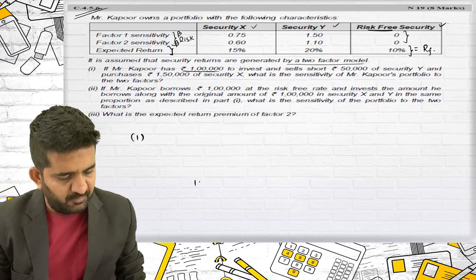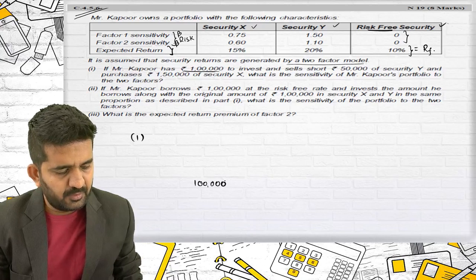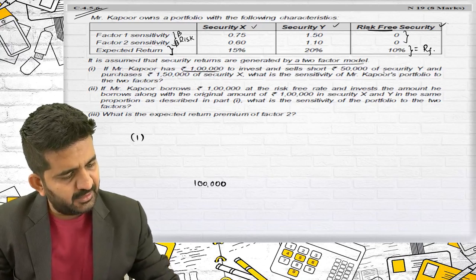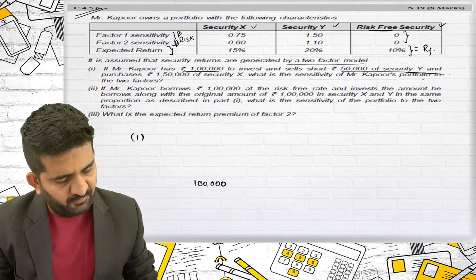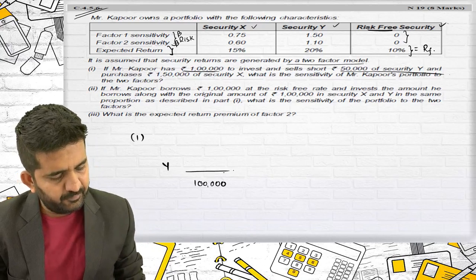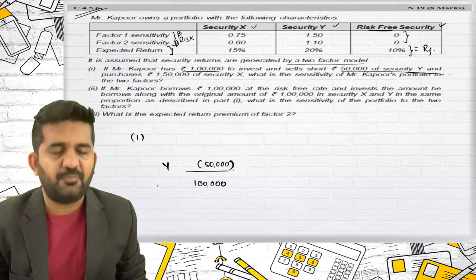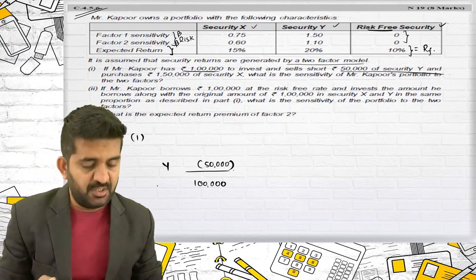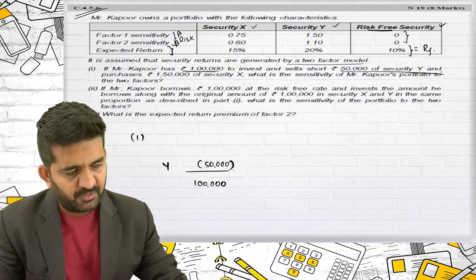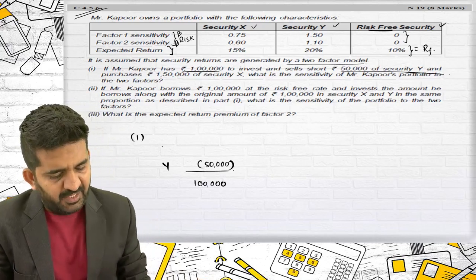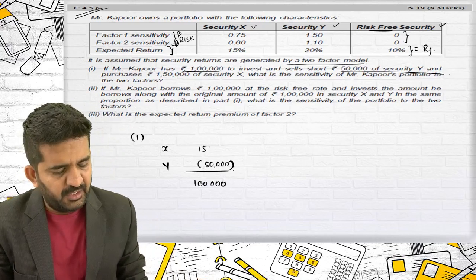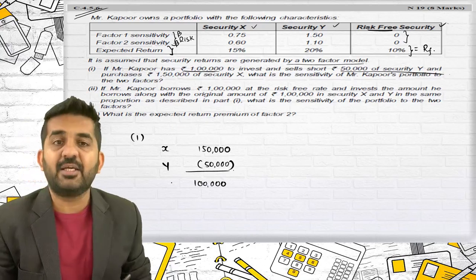What he has done in security Y, he has invested negative 50,000. Negative 50,000, he is bearish in Y by 50,000 rupees, and purchases 1,50,000 rupees of security X. The total is 1 lakh.